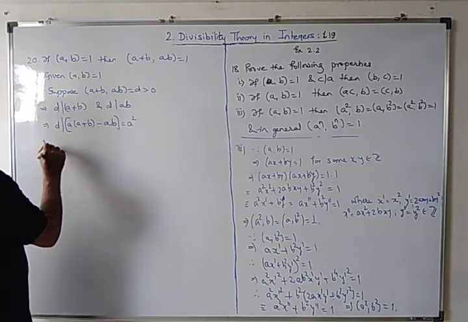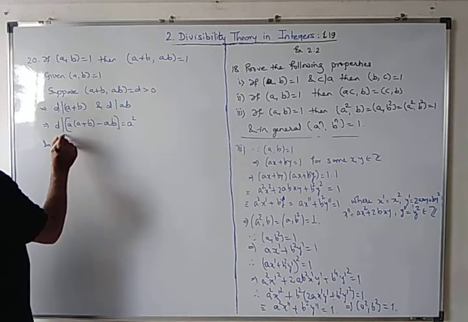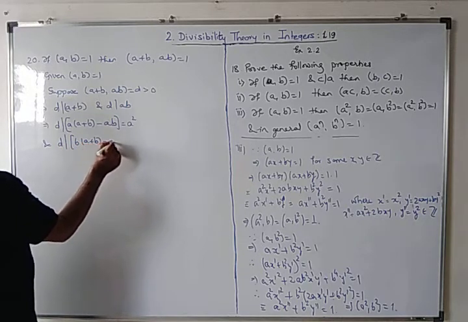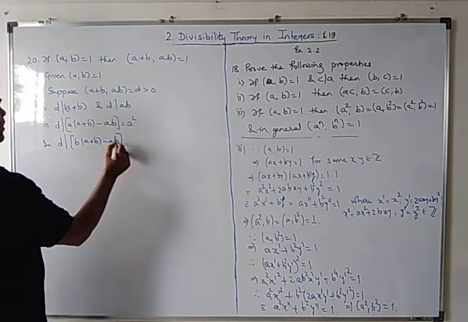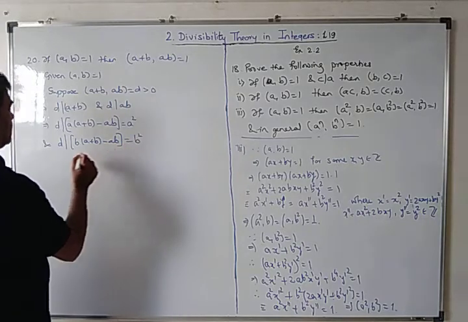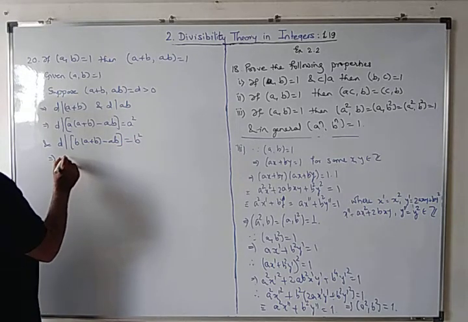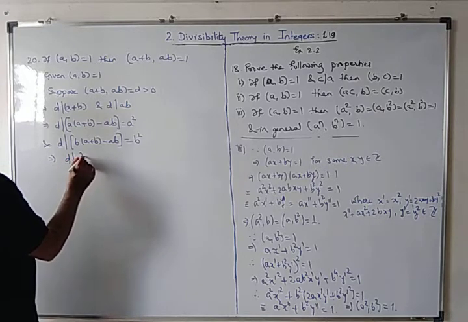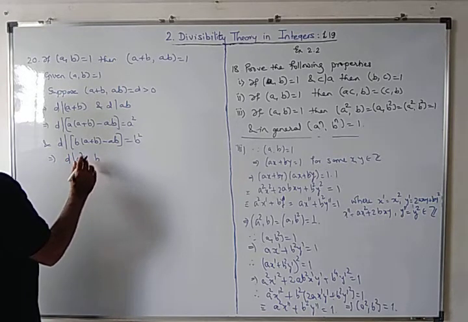And d divides b into a plus b minus ab, which is equal to b square, implies d divides a square and b square.